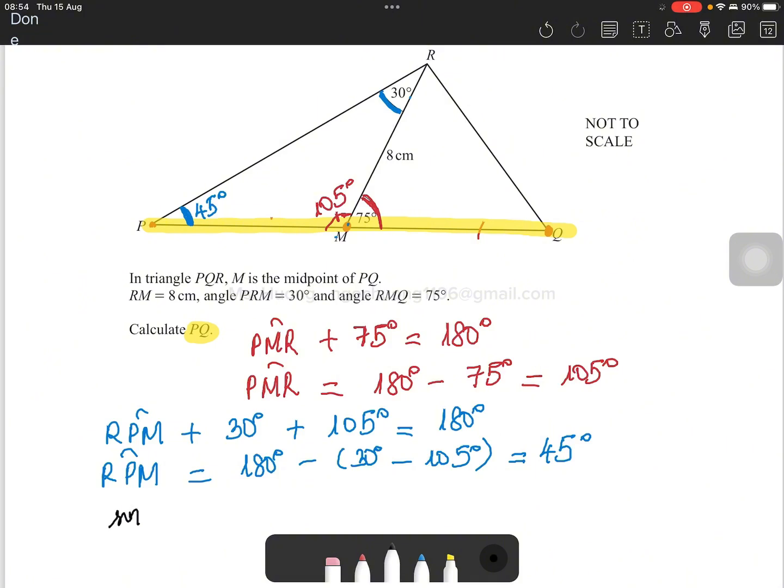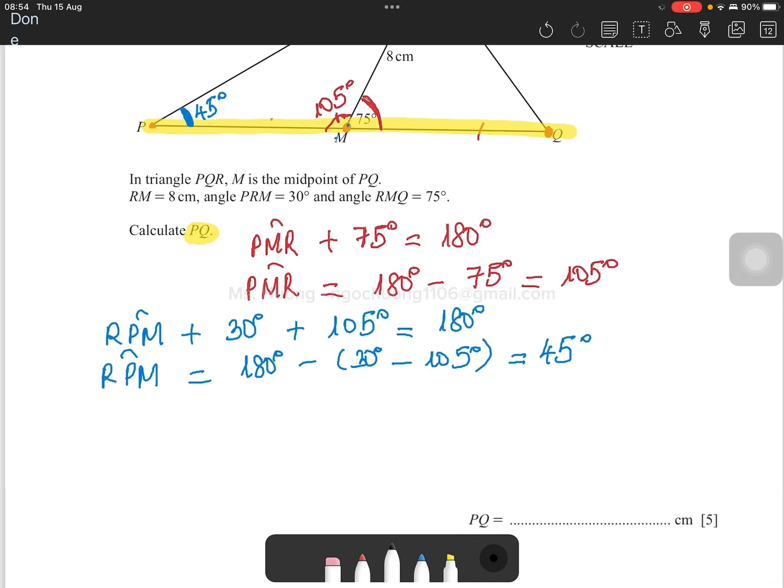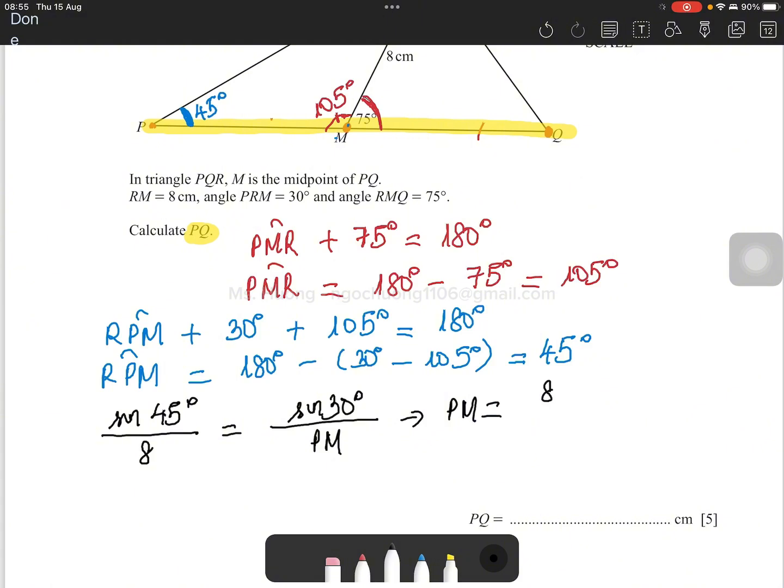We see that sin 45 degrees over the opposite side 8 centimeters is equal to sin 30 degrees over the opposite side PM. So from this we can find the length of PM, which is 8 multiplied by sin 30 degrees over sin 45 degrees. And this is equal to 4 root 2.